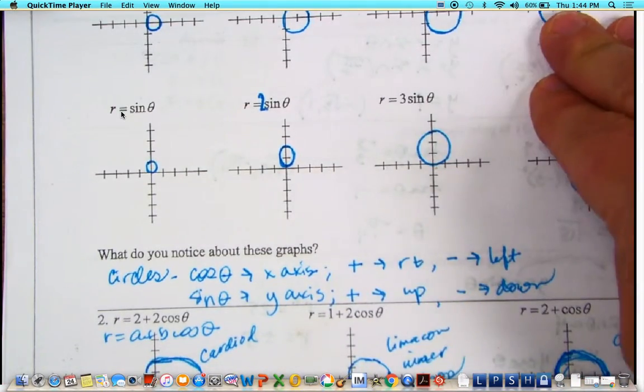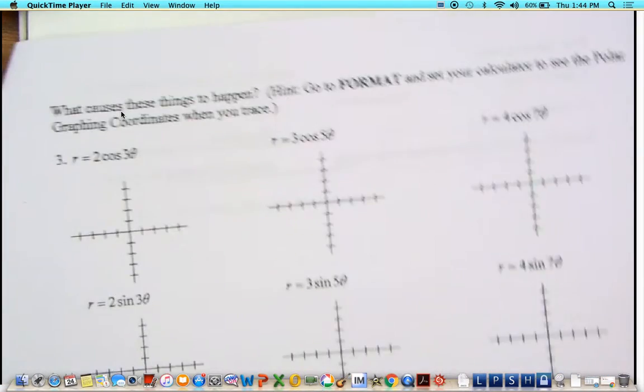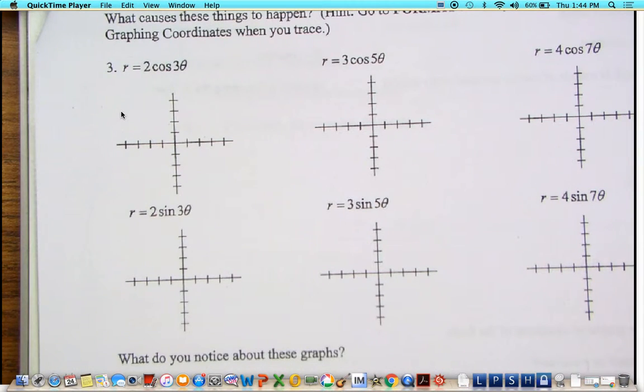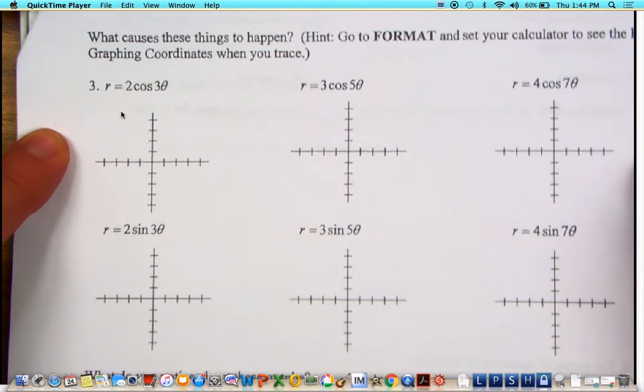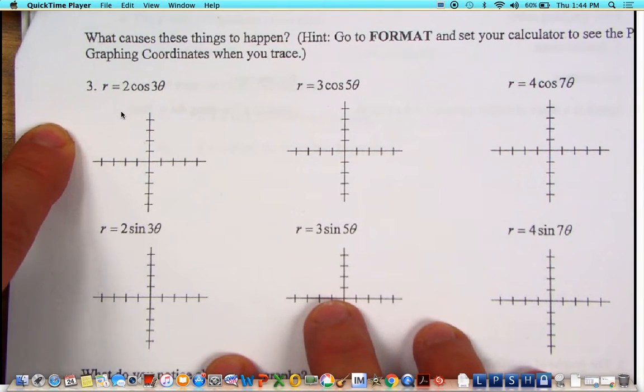So we've got our circles, cardioids, limaçons. Over here, we're just going to graph one of these because I need to get you going on the area stuff.